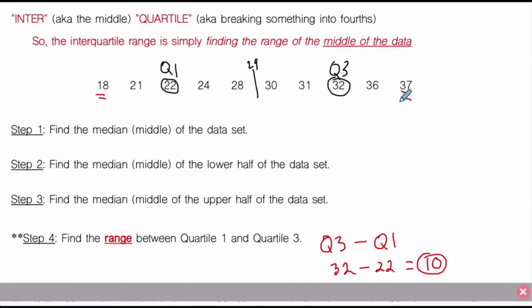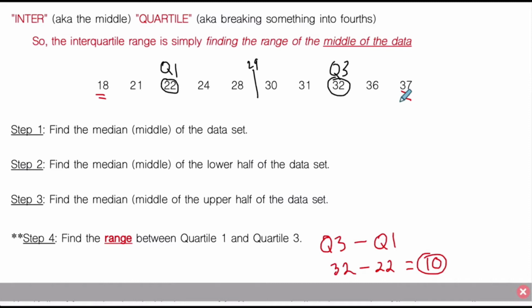So data scientists wanted to create a way where you could find a range that focuses a little bit more on the middle part of the data. And why would you want to focus on the middle? Well, what is sometimes on the outsides of a data set?